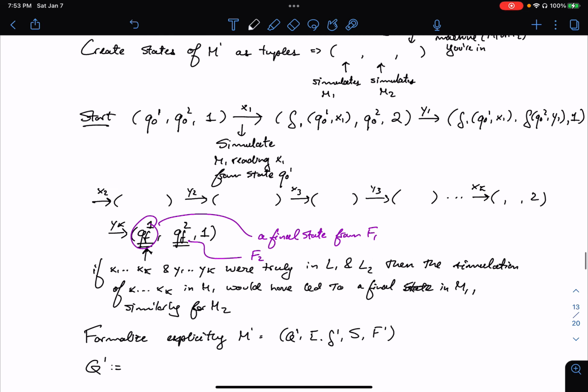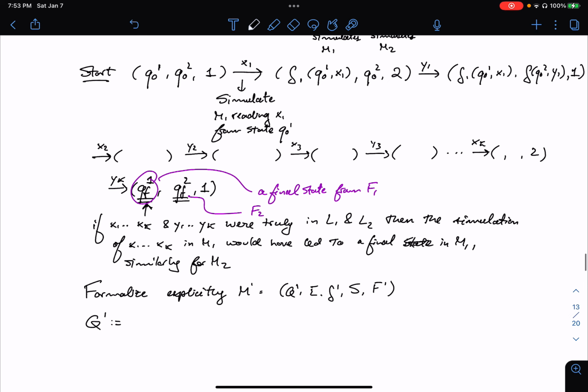So it's going to be states in Q1 and states in Q2 and this state that flips between 1 and 2 to indicate whether I'm simulating in 1 or I'm simulating in 2. And so Q prime should be Q1 cross Q2 cross {1, 2}.